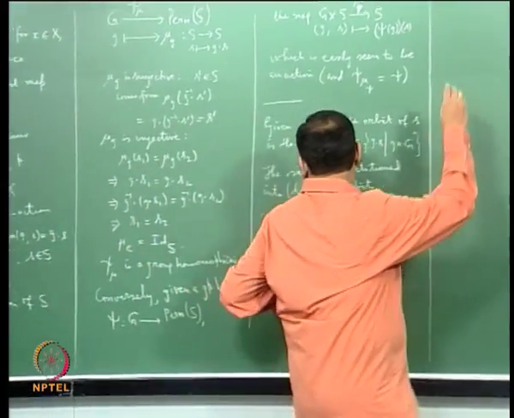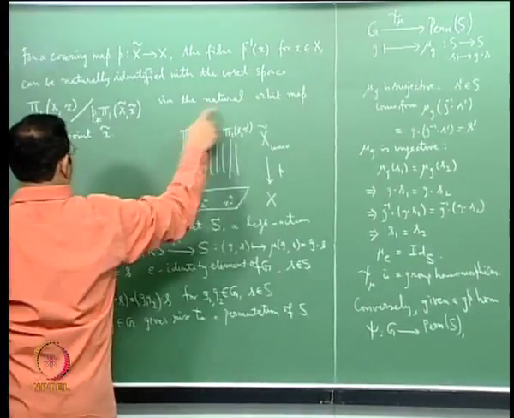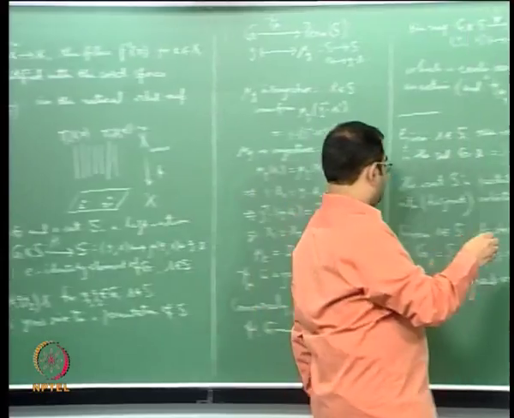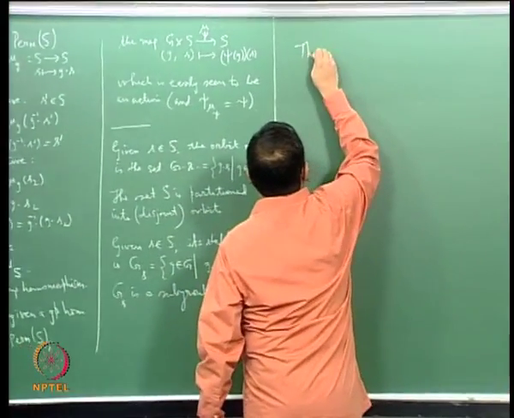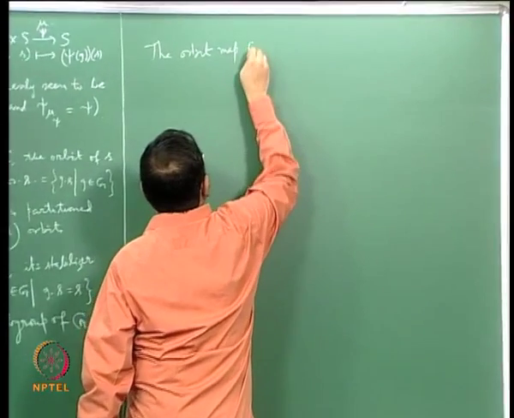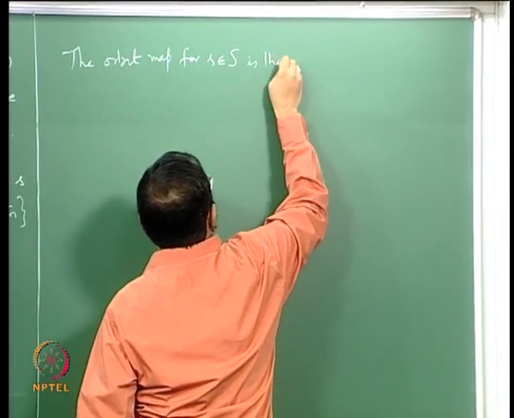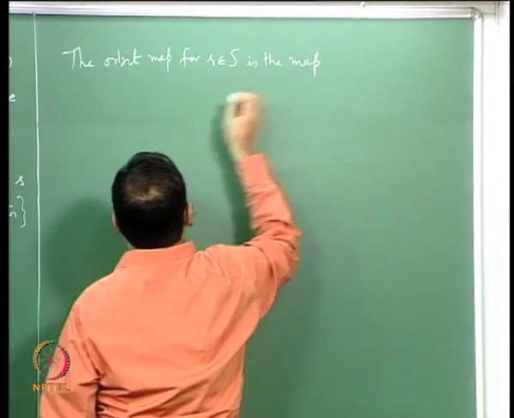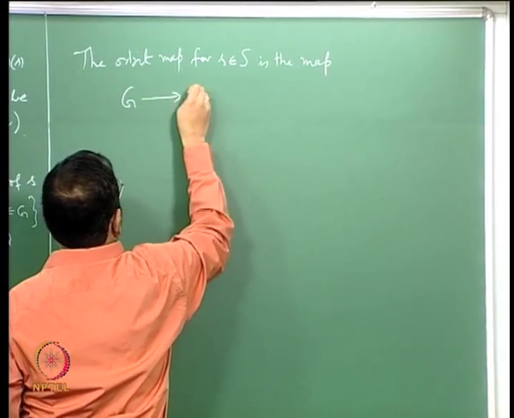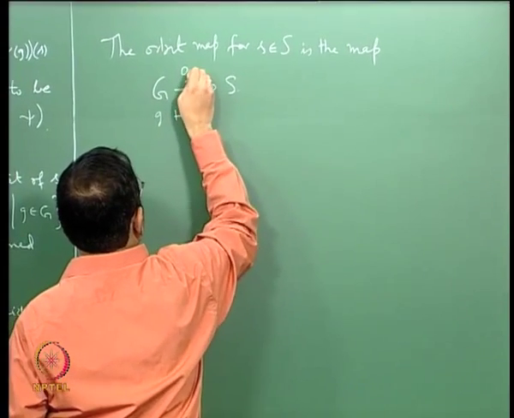For that I'll have to explain what the orbit map is. So this is exactly what I've written down here. The orbit map for an element s of S is the map from G to S given by g going to g dot s, let me write this O sub s.